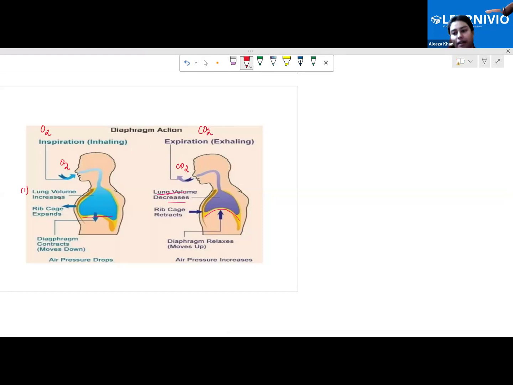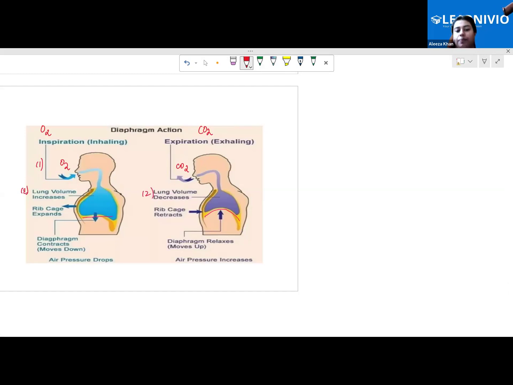It is expanding. This is the second point. Whereas in the case of exhalation, whenever the air is leaving the body, the volume is decreasing, and there will be depression of the chest. Yes or no? Yes, ma'am.